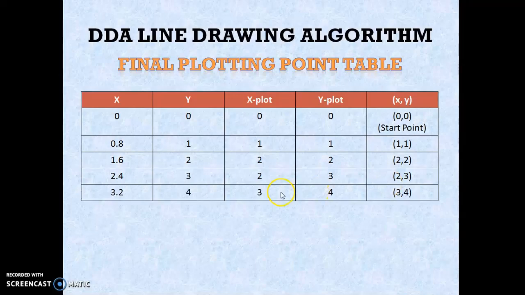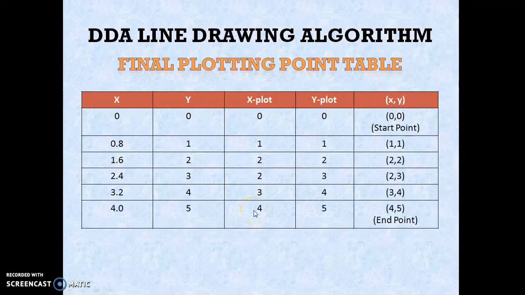In the next phase, if we increment the value of x by 0.8, then it becomes 3.2. The value of y is incremented by 1, it becomes 4. If we round off the value of x, it becomes 3. So the final floating point is 3, 4.